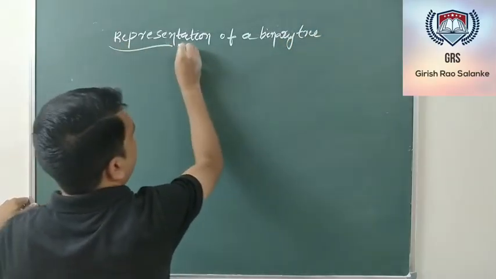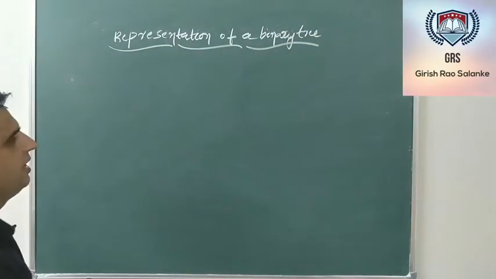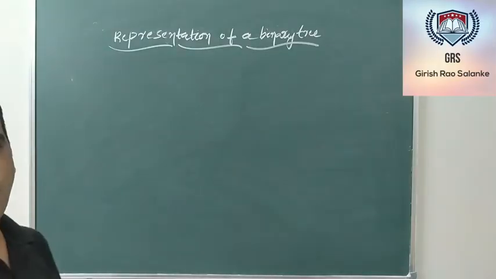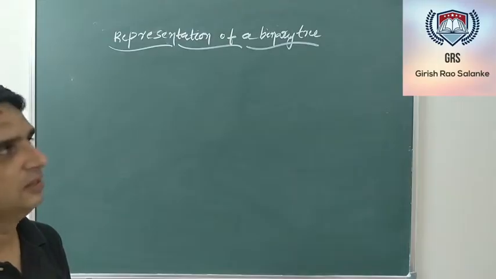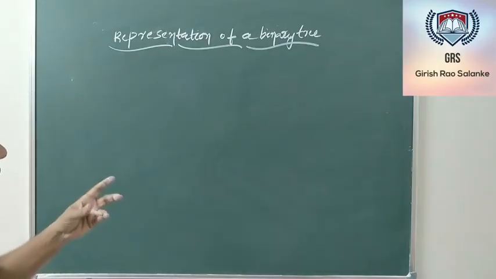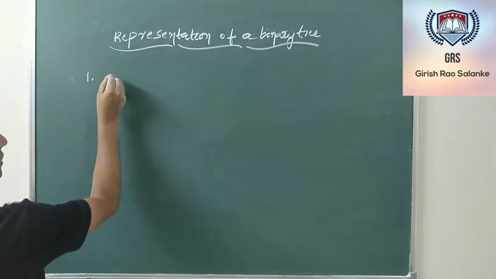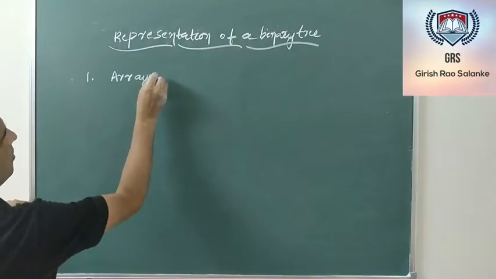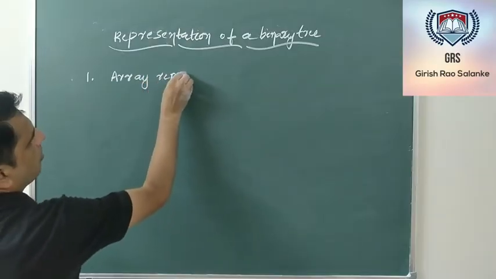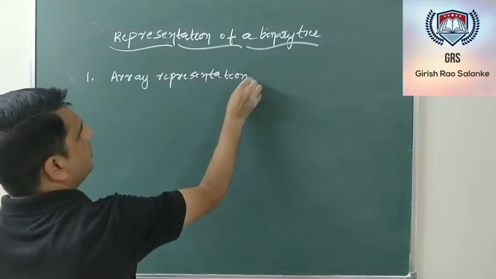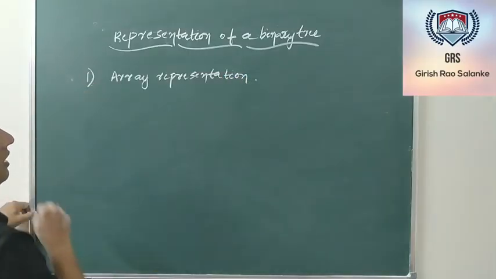By now we are familiar with what a binary tree is. A binary tree is a tree wherein each node can have either 0, 1 or 2 children. Now how to represent a binary tree? There are two ways of representing a binary tree. The first one is the array representation. I can represent a binary tree using an array.